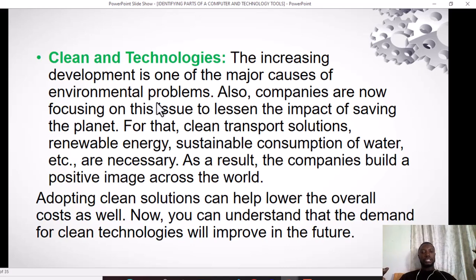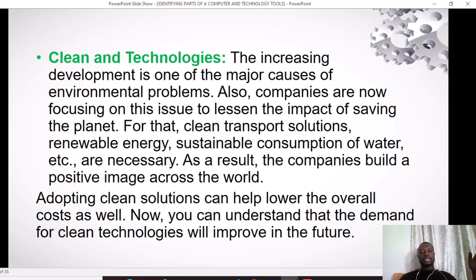For that, clean transport solutions, renewable energy, sustainable consumption of water, etc., are necessary. As a result, the companies build a positive image across the world, and adopting clean solutions can help lower the overall cost as well.